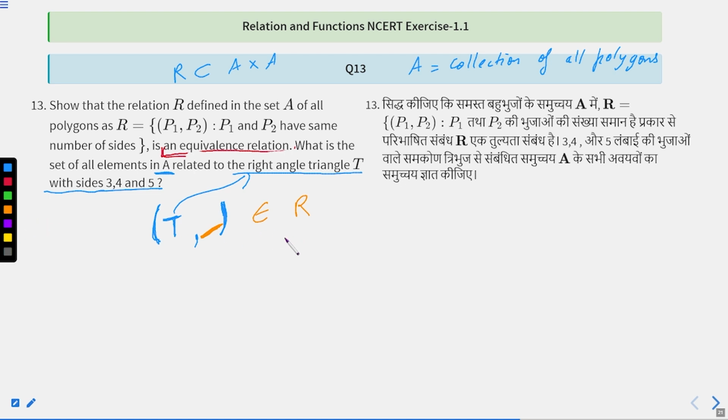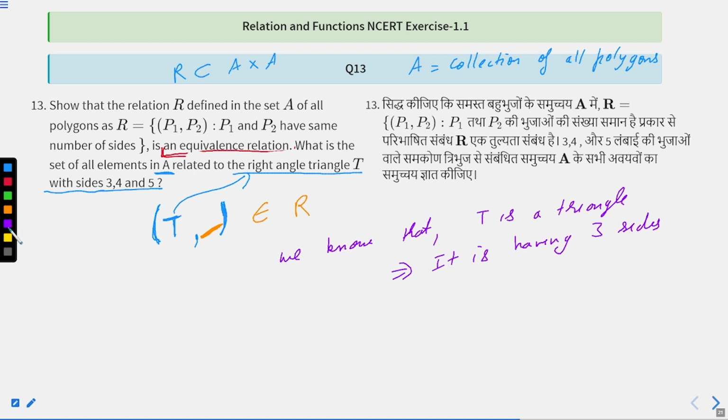So what I need is, we know that T is a triangle, which implies it has three sides. And whatever we want to put here must also have the same number of sides.